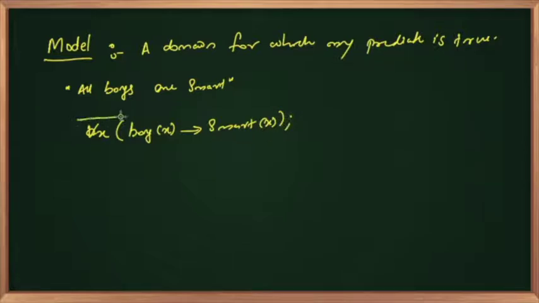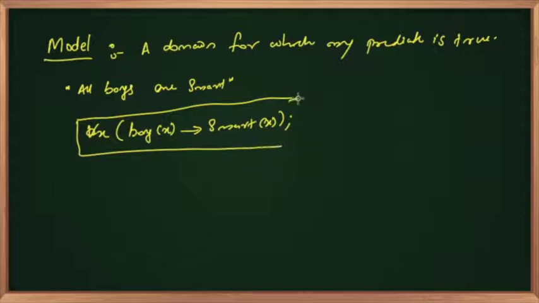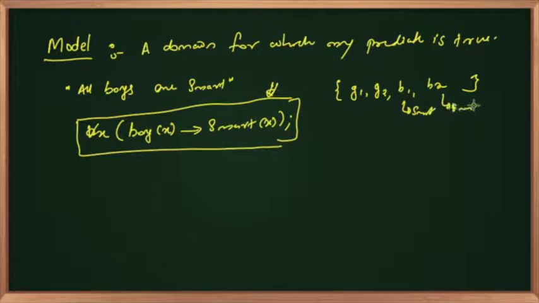So this is the predicate. You can have different domains for which this predicate evaluates true, right? For example, you can have a domain where you have two girls G1, G2, and two boys B1, B2, and let's assume B1 is smart as well as B2 is smart. For this domain, this predicate evaluates to true.